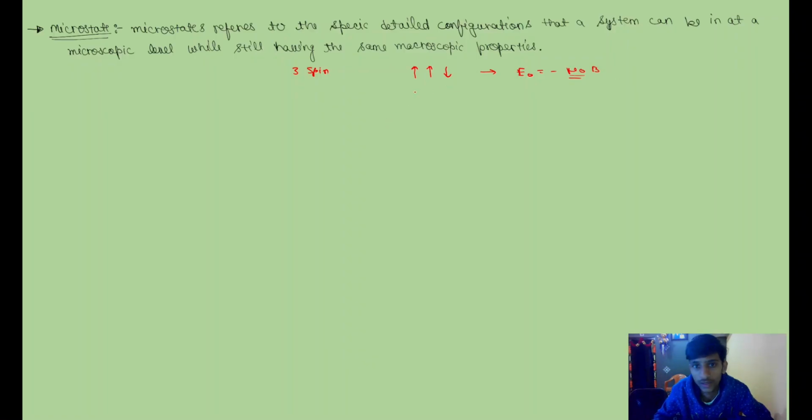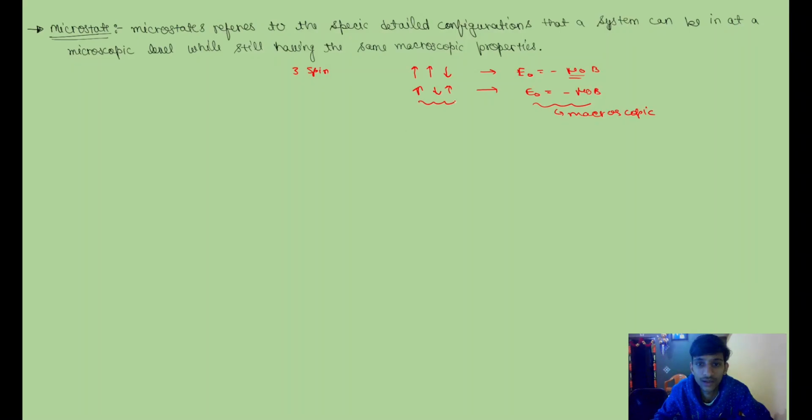Now, I can arrange this particular state just like this: I will make the middle one down and the other two the same. So this also corresponds to the same energy. This energy is the macroscopic property.